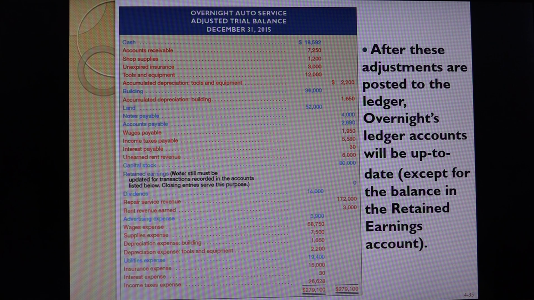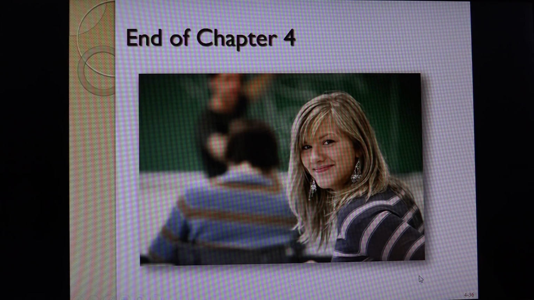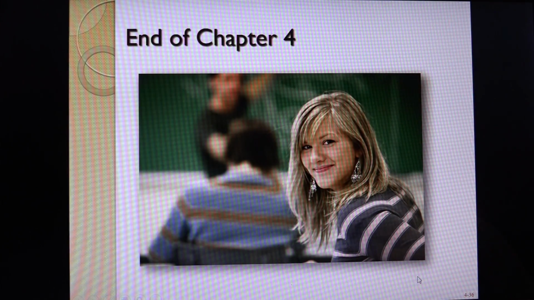And so after these adjustments, the ledger accounts are up to date, except for the balance in the retained earnings account. So we'll talk about that some more.